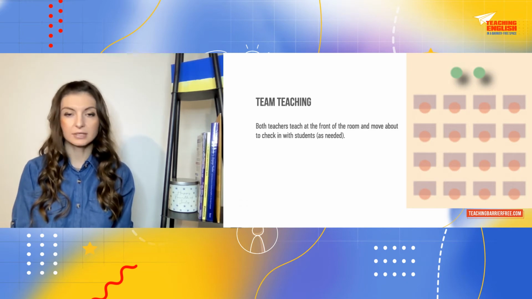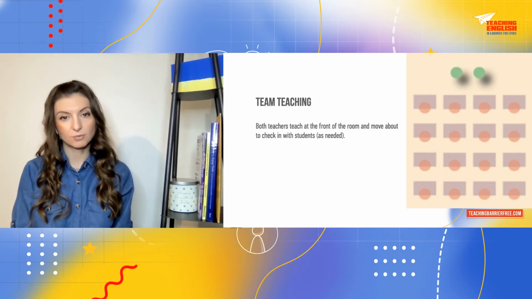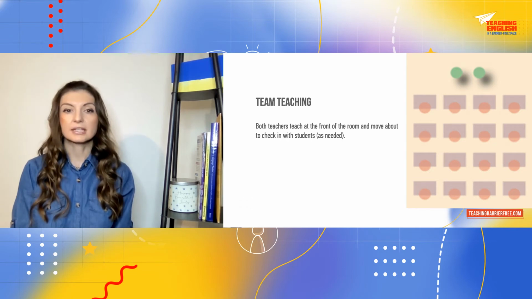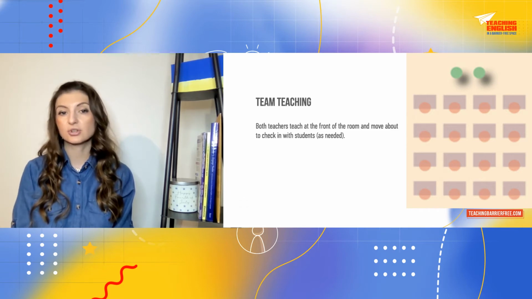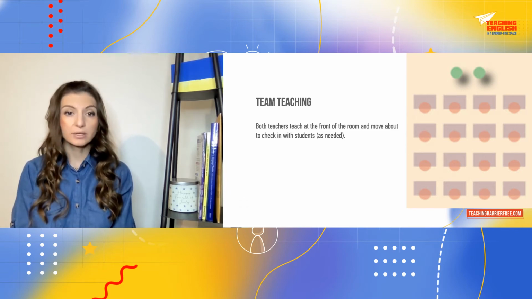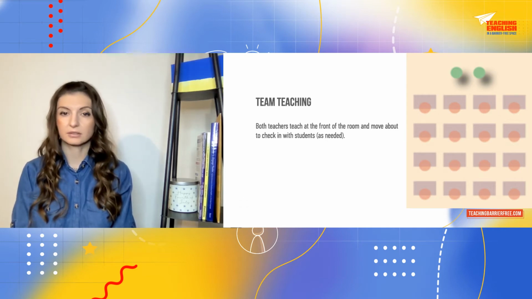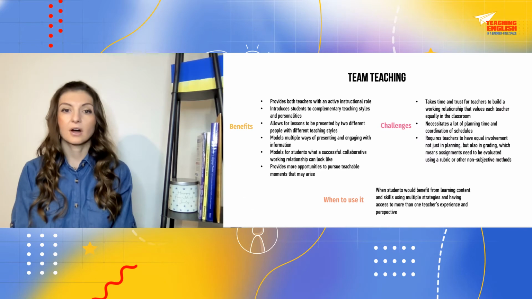In team teaching, as well as the 5 other co-teaching models, a teacher team may be made up of 2 general education teachers, 2 special education teachers, or one of each. Or in some cases, it may be a teacher and a paraprofessional working together. On the slide, you can see benefits, challenges, and when to use this particular model.